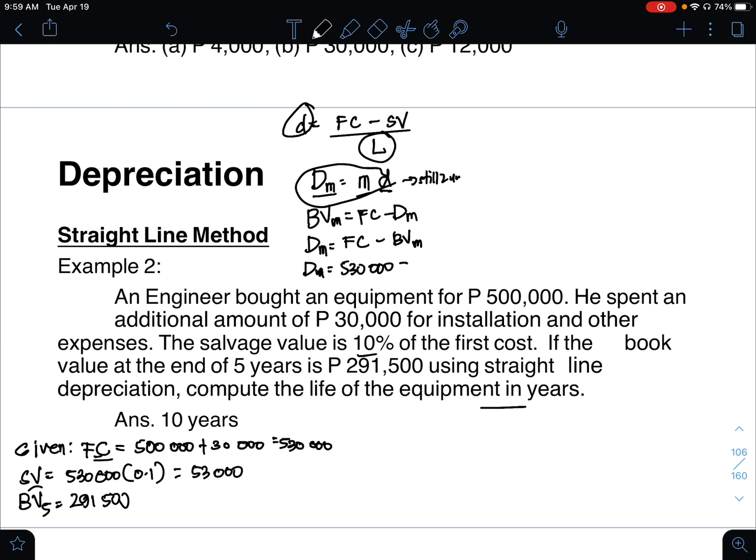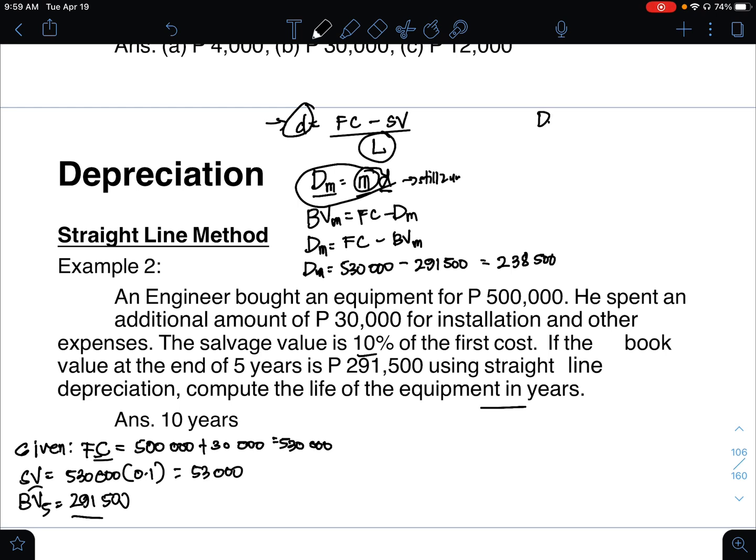530,000 minus the BVM after 5 years, that's 291,500. So our DM now is, hold on, that is 238,500 pesos. So now we have DM and we have M. Therefore, we can get the D at last.